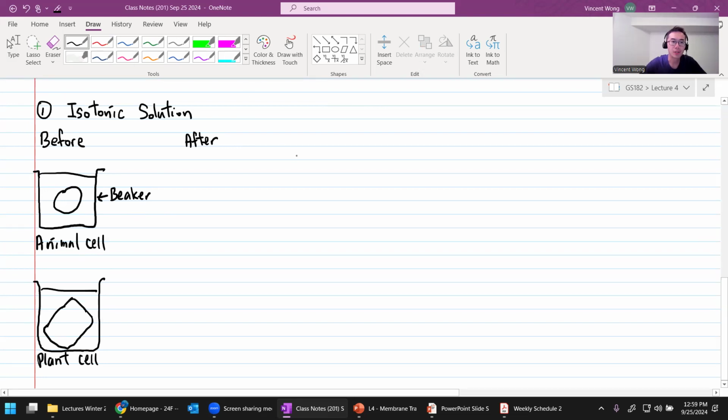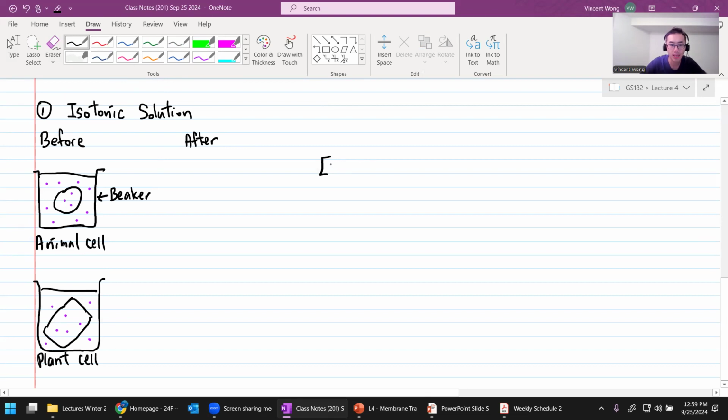Okay, so in an isotonic solution, it means the concentration of the solute is the same on the inside and the outside of the cell. Same concentration on the inside and outside. I'll write it down for you.